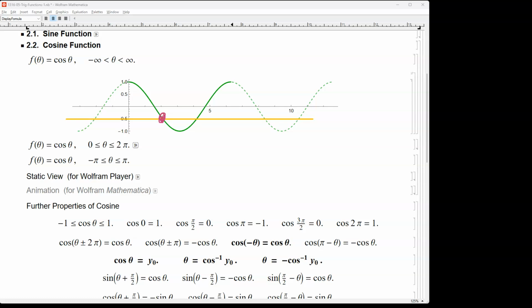So we have this. We have inverse cosine, but we have another one here. Negative of that is automatically an answer too. And the reason is because of the symmetry with respect to this vertical axis, the y-axis.